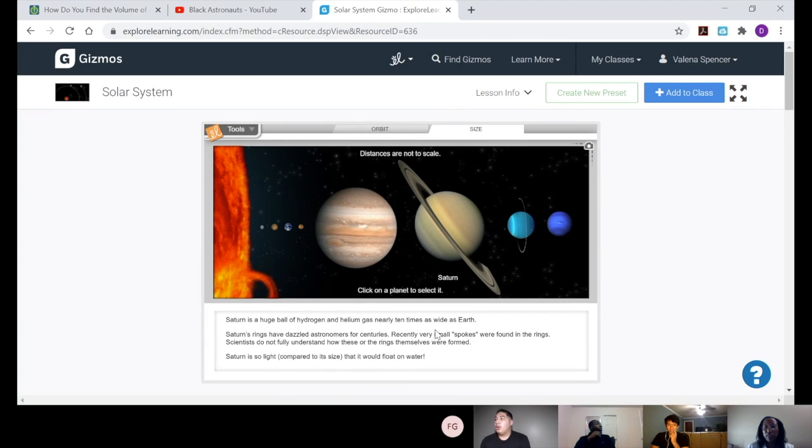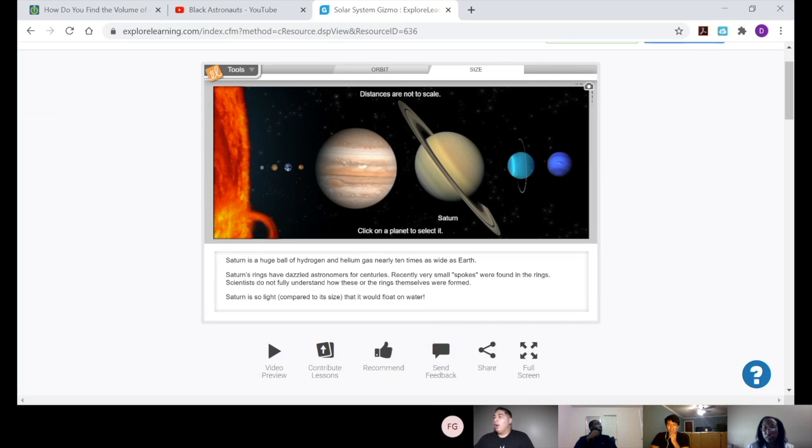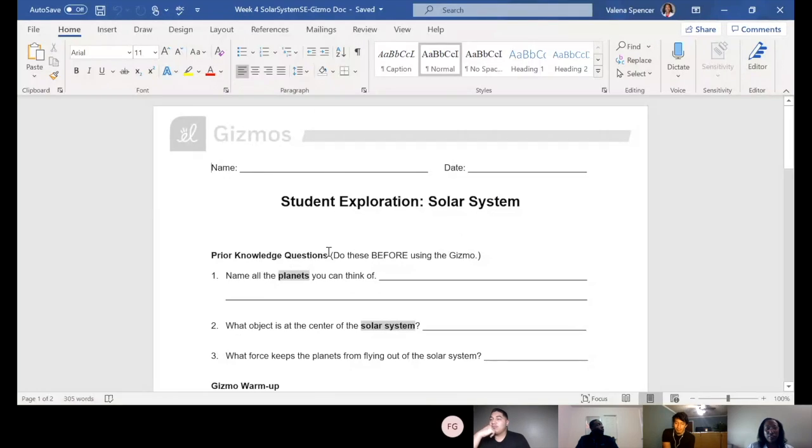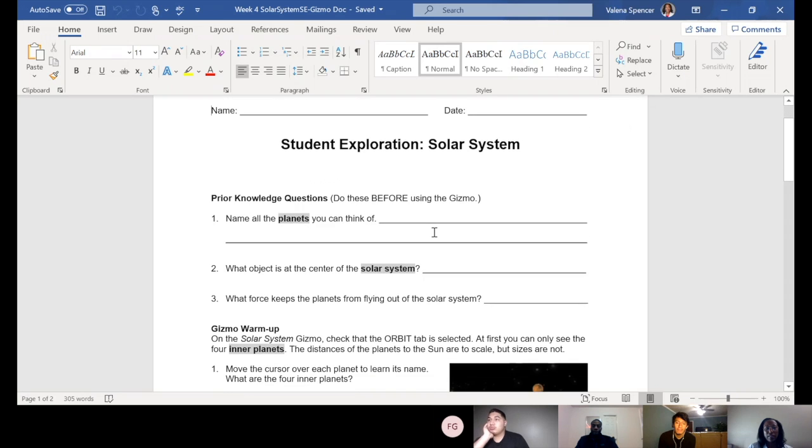And one of them that I utilize the most would be the gizmo documents, which give you a little bit of assessment. So here you see they provide to you the student exploration of the solar system. And this is for prior knowledge.